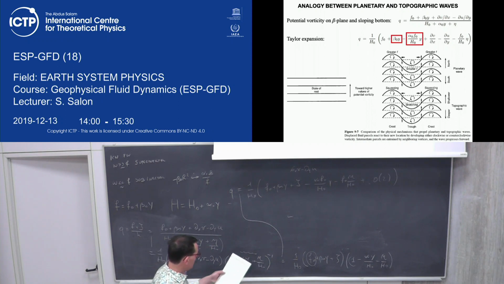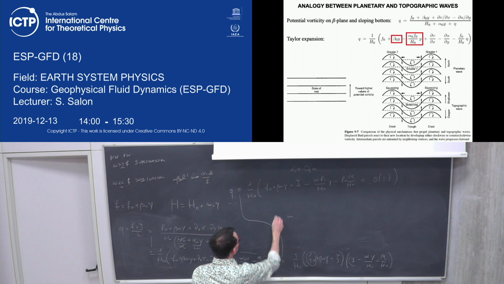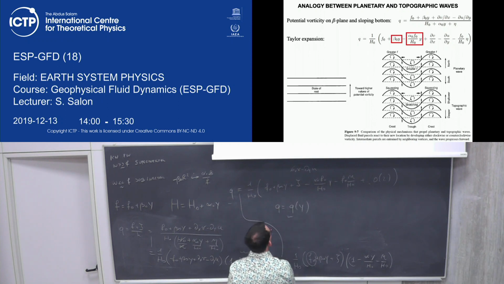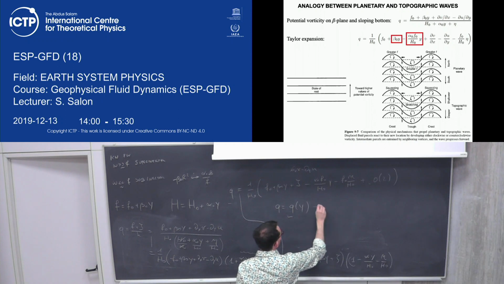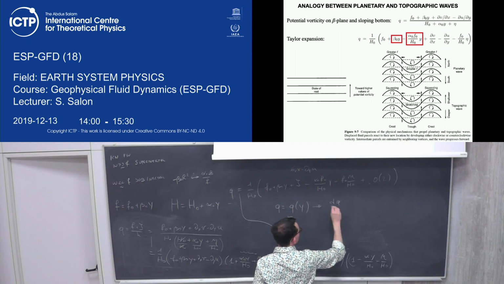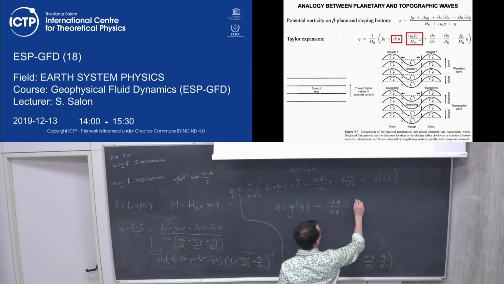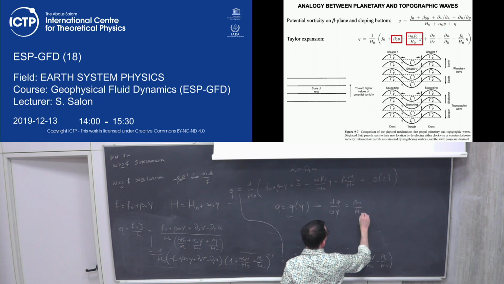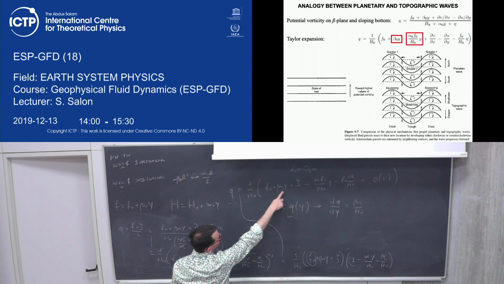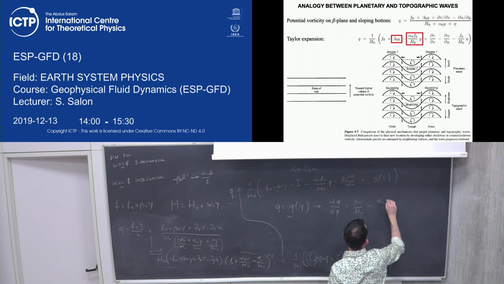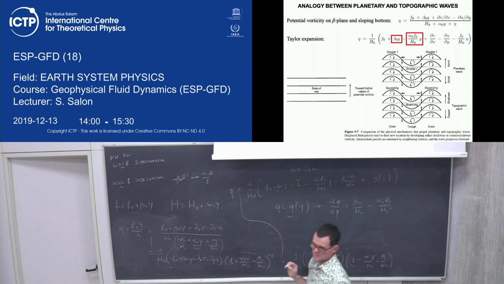So what we can find here is that Q is a function of y. In particular, we can calculate the gradient of the potential vorticity, which is beta 0 over H0 here, and here minus alpha 0 F0 over H0 squared. Okay?